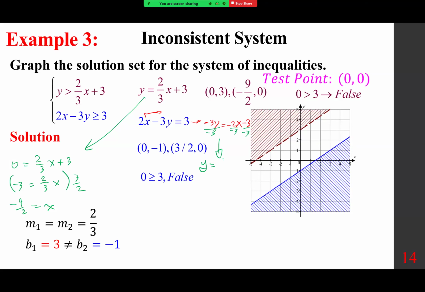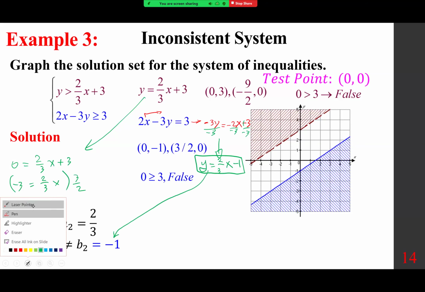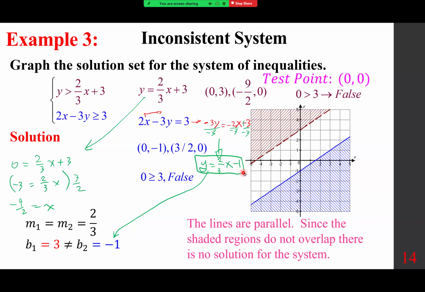And the right side becomes 2/3 x. This was plus 3, everybody. Minus 1. And that's why if you look at the two lines, both of them have the same slope, but different y-intercepts. And that's why the lines are parallel.